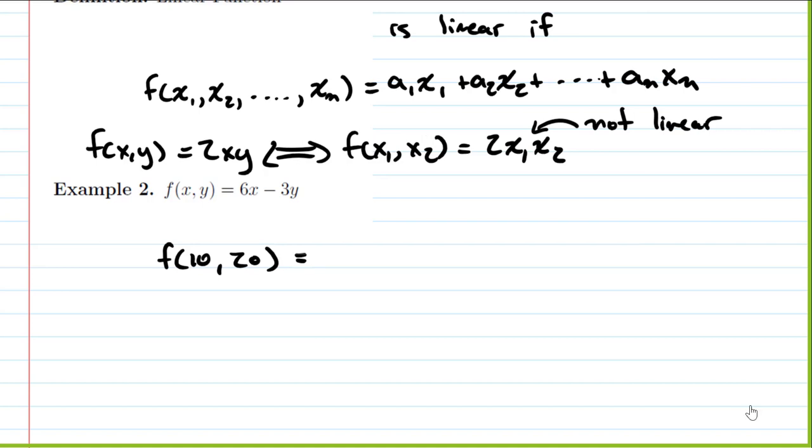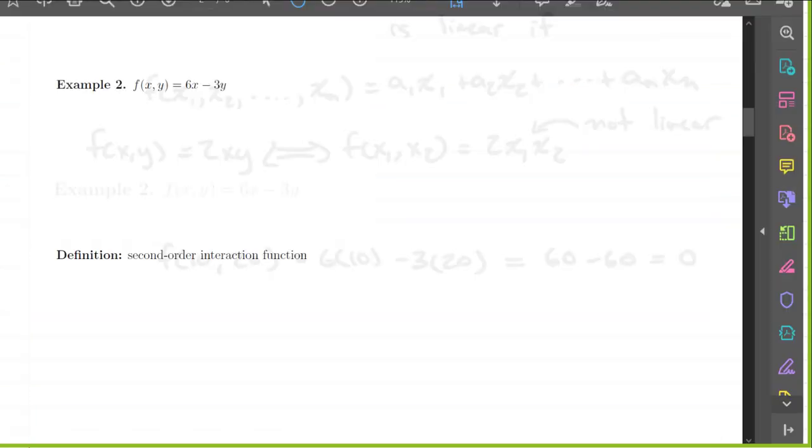All right, so to calculate f of 10, 20, we would substitute in 10 for x and 20 for y. So that would give us 60 minus 60, which gives us the number 0. So that is our output corresponding to the input 10, 20.